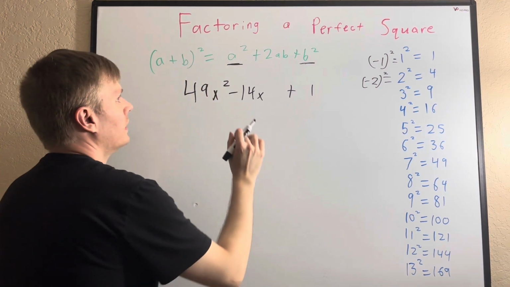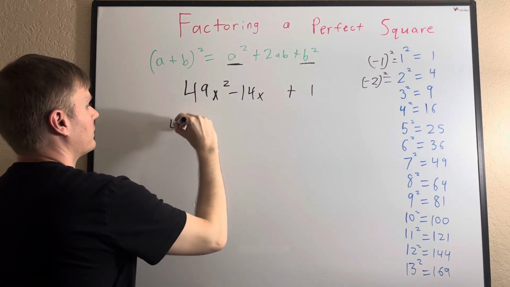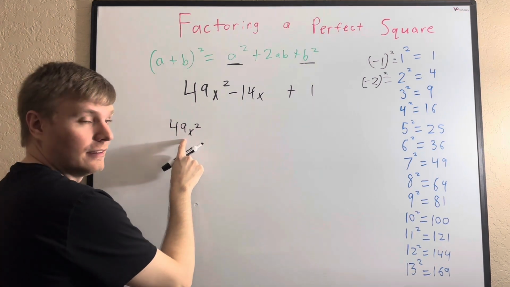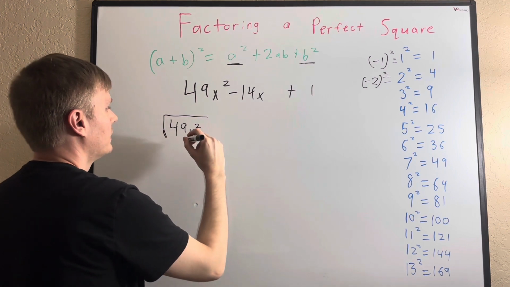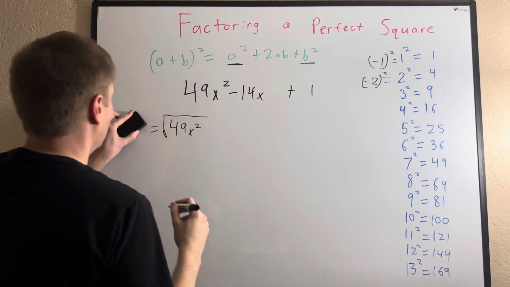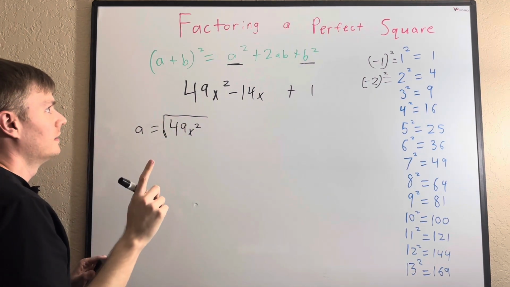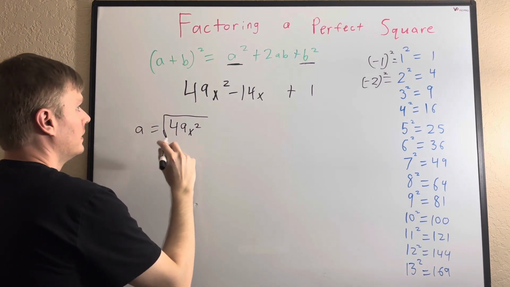So the key thing to remember is that is not a. That is a squared. We have to take the square root to find a. That trips up people a lot. Square root of that is what a is.